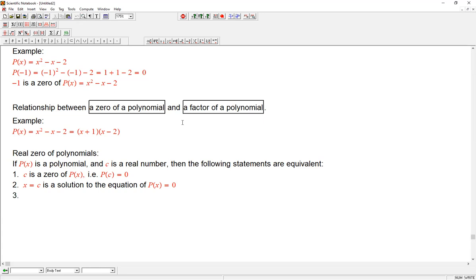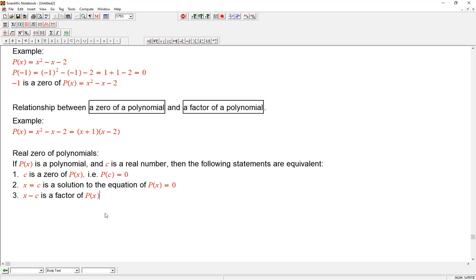Third, X minus C is a factor of P of X. What does that mean?